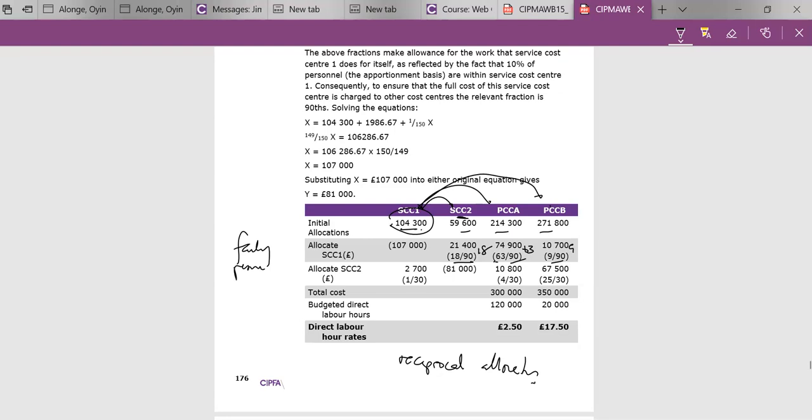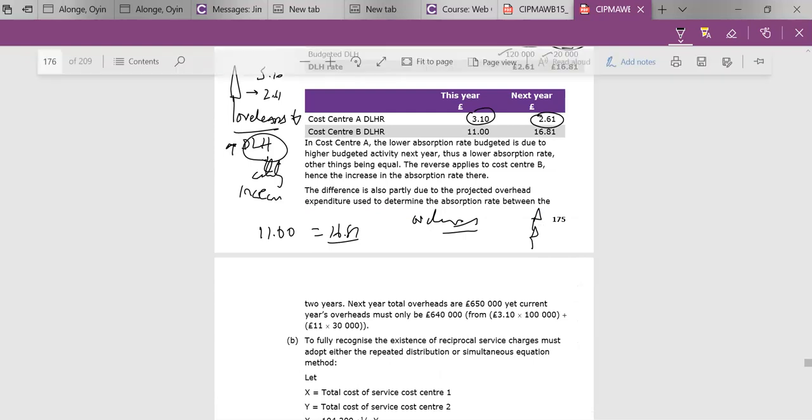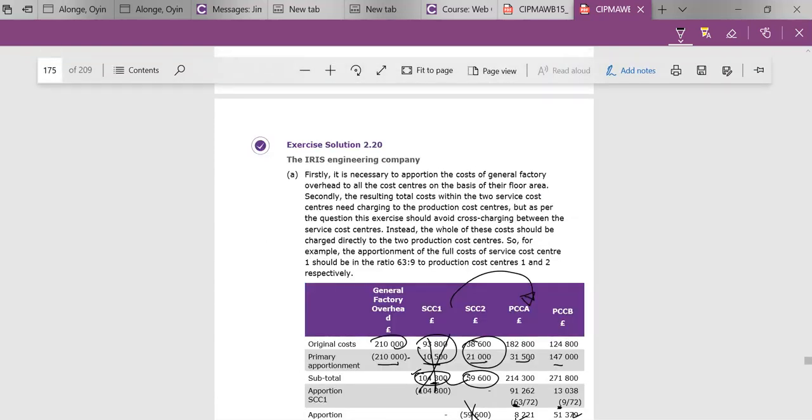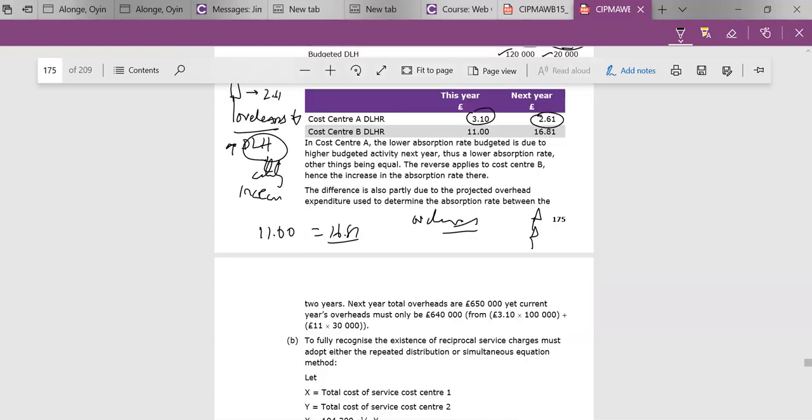Actually, no, it's not that. Let me just see, what have I missed? I'm missing something. Wait a minute, let me go back to the question to see why my figures are coming out slightly differently.